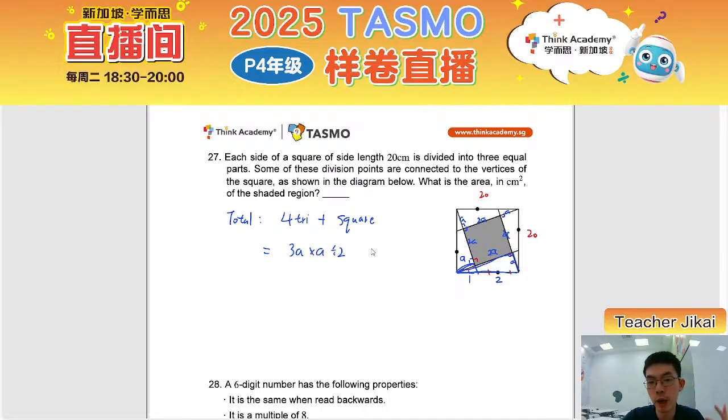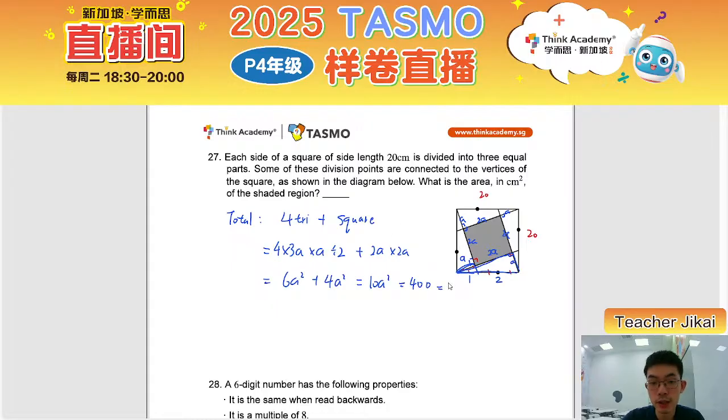We have 4 triangles in total. And the square has side length 2A, so 2A times 2A. So the answer here is 6A squared plus 4A squared, which is 10A squared, and we know it is 400.